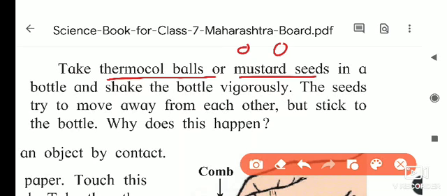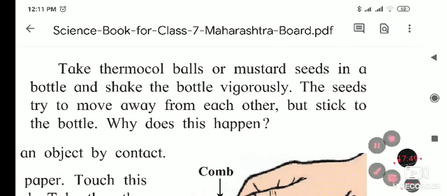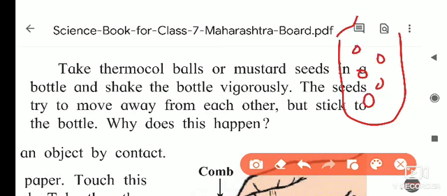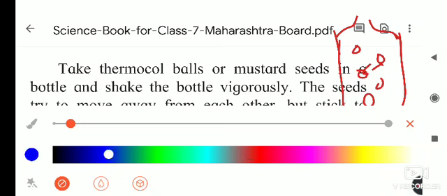Suppose this is the bottle, and when we shake it vigorously, these particles, the thermocol pieces or mustard seeds, move away from each other. The meaning of it is that when they move away from each other, like charges have developed.